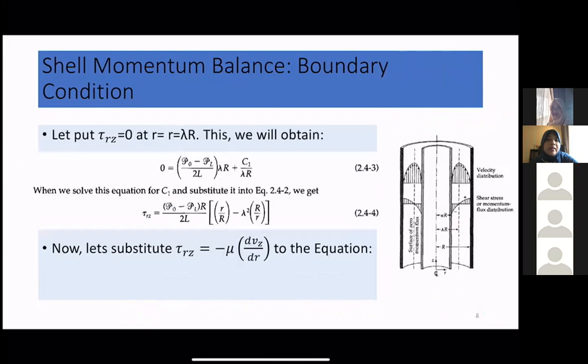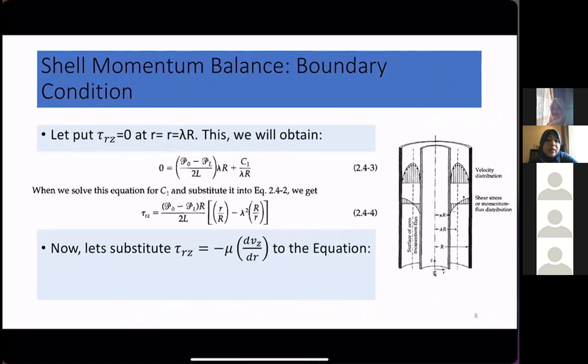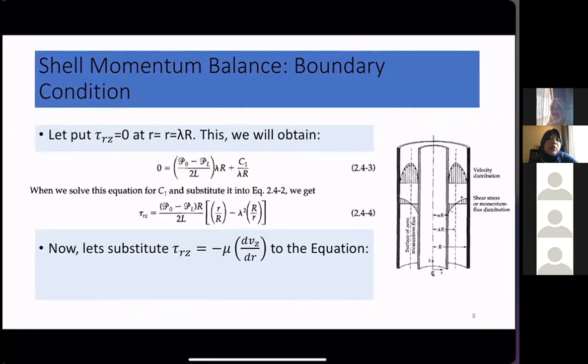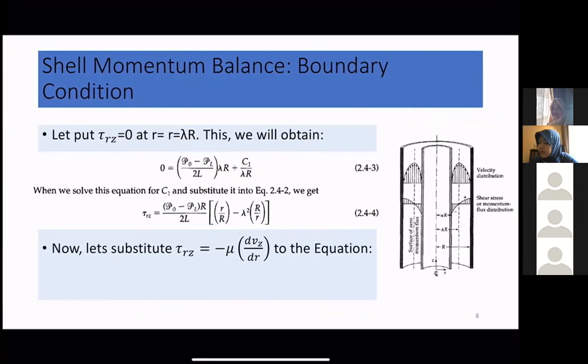So we put tau rz equal to 0 at r equal to lambda r, and we obtain this: 0 equal to this term plus c1, and then we can get c1. After we solve the equation for c1 and substitute it into this equation, we will get this equation.